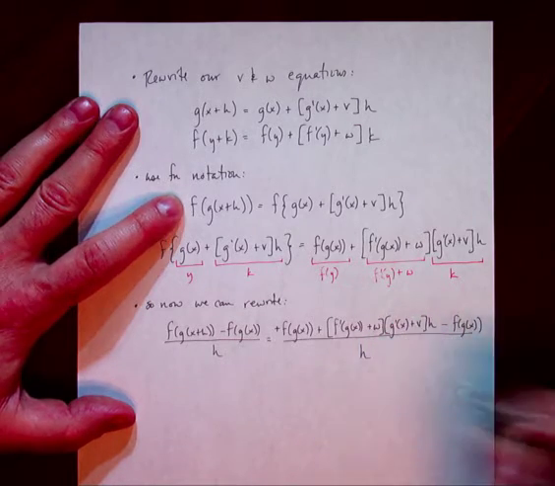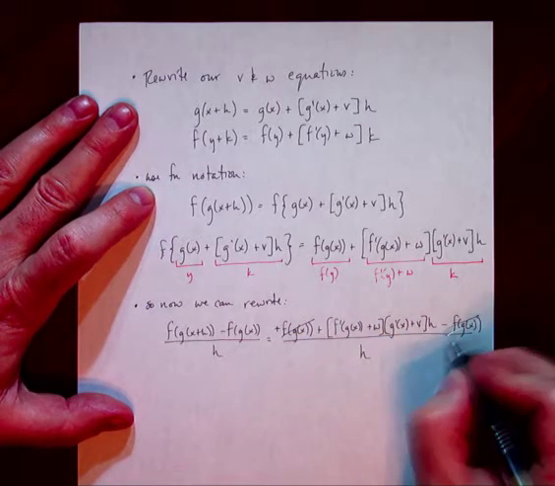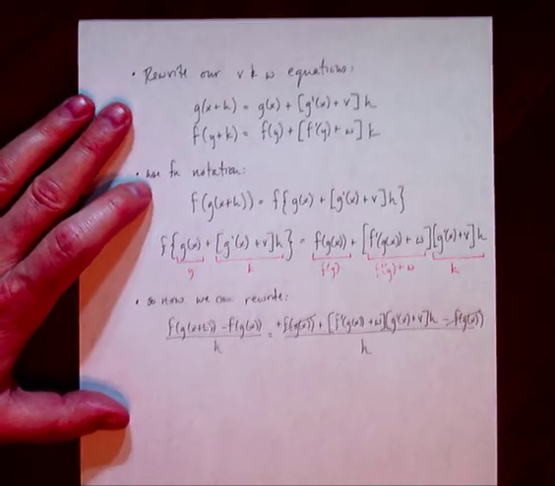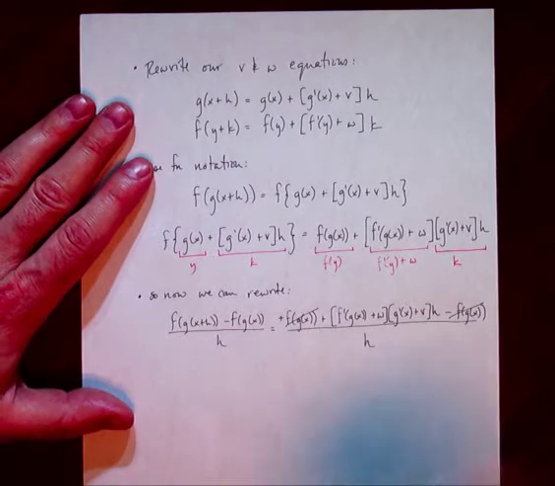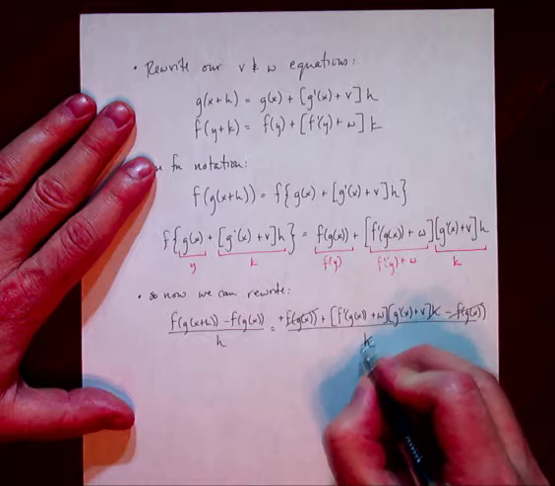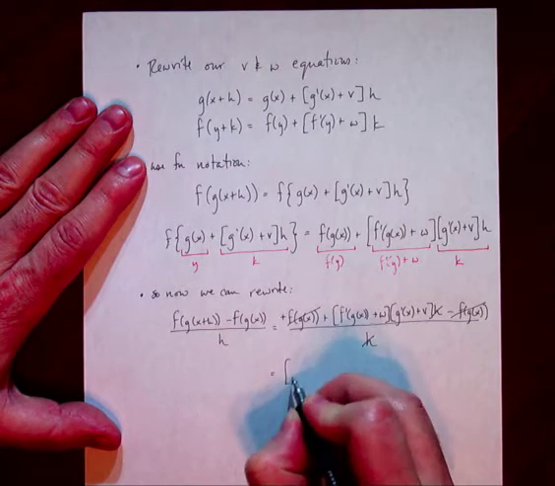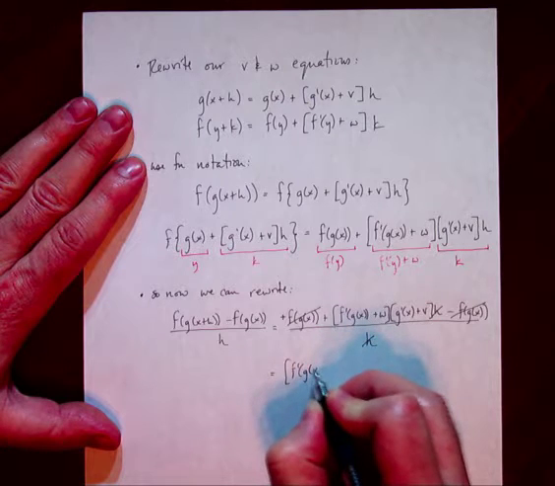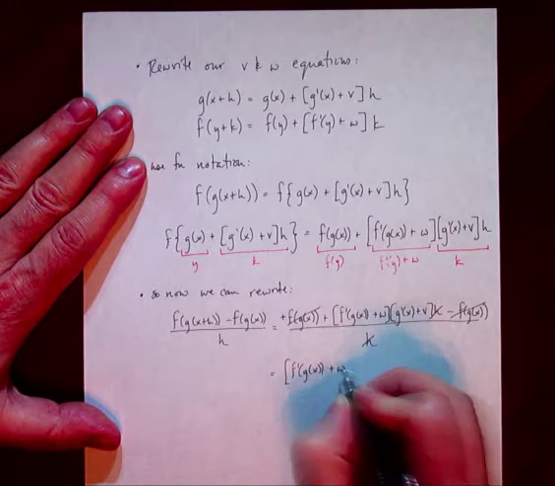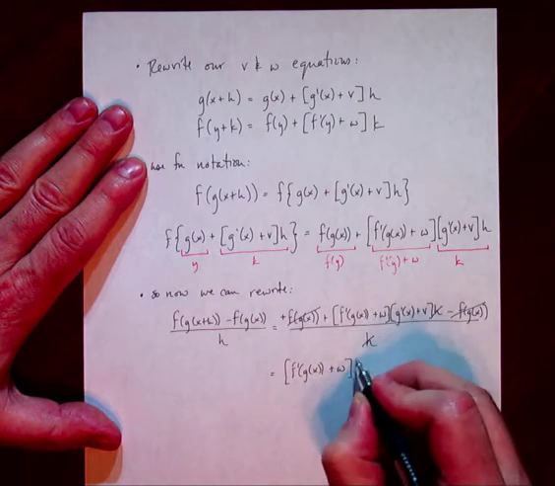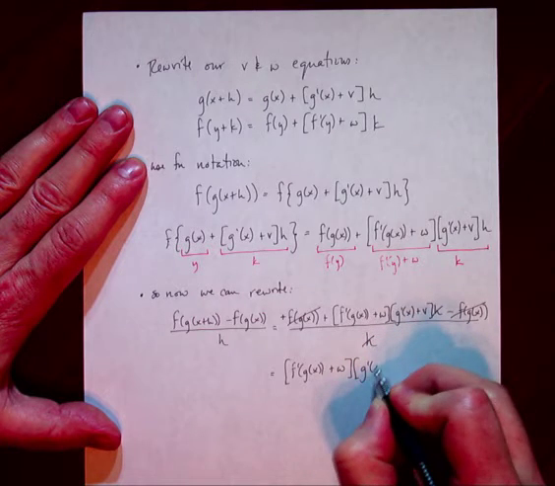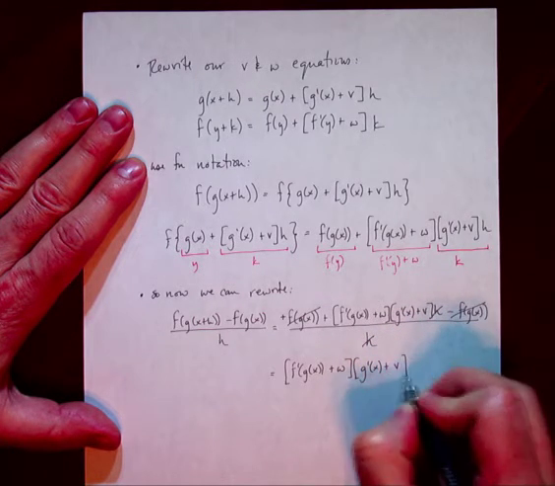So these two cancel out because they're additive inverses. And then these two cancel out. And what happens here is I'm left with f prime of g of x plus this w quantity times g prime of x plus this v quantity.